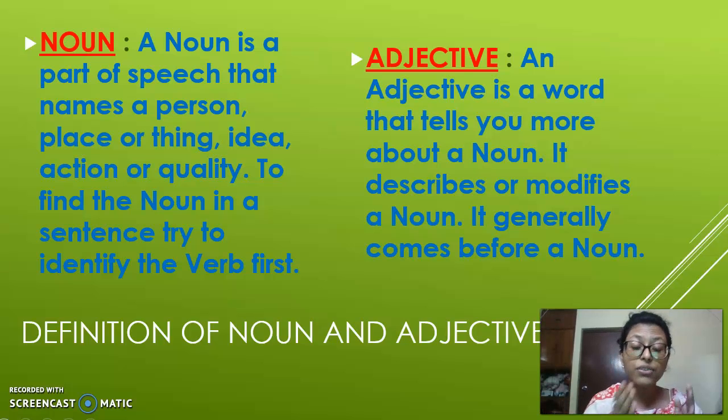An adjective describes or talks more about a noun. Once in a sentence you are able to identify the noun, the next thing becomes easy for you: identifying the adjectives, right? Because adjectives will describe and talk more about the noun.